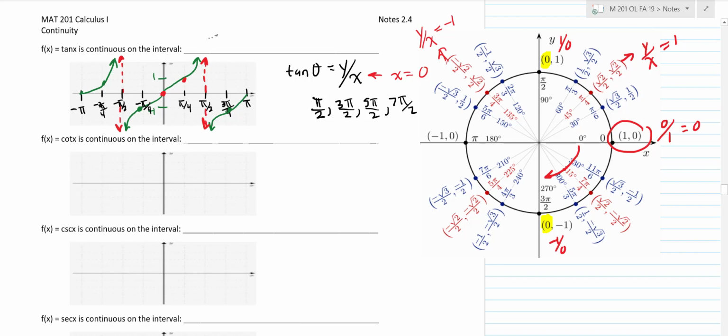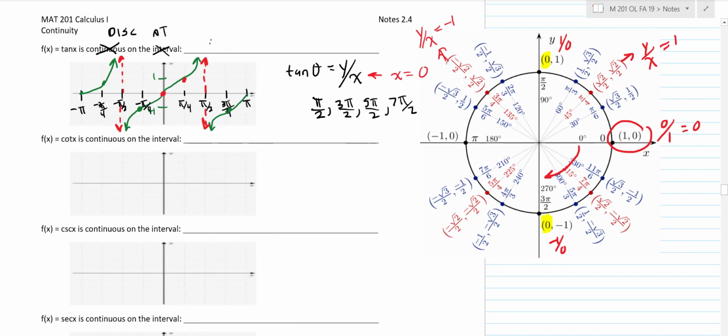You could write this in several different ways, but if you were writing an interval, just to get the pattern started, it would go like this. And I think the best way to write this is, let's actually do this like this: it's discontinuous at, and let's write a formula.